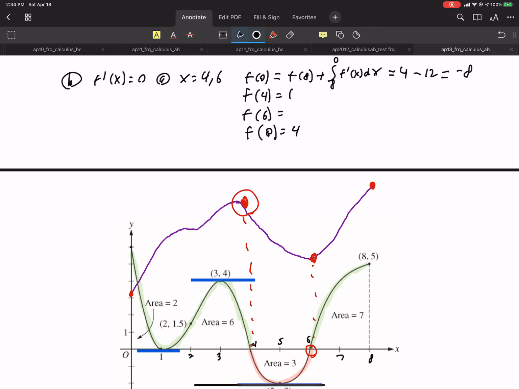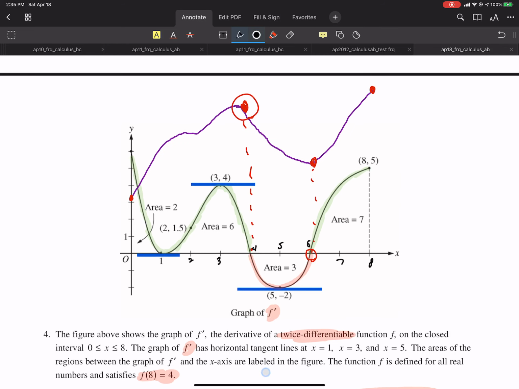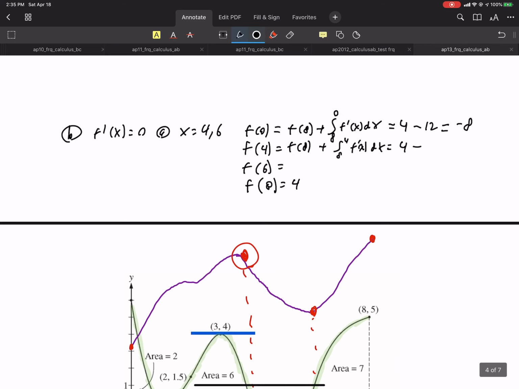f of 4 will be f of 8 plus the change from 8 to 4. So we're integrating backwards from here to here. Normally it's 7 minus 3, which is 4, but since we're going backwards, that's minus 4, which is 0.